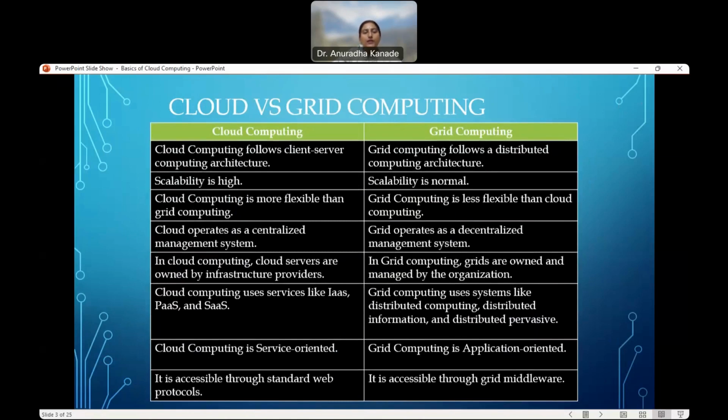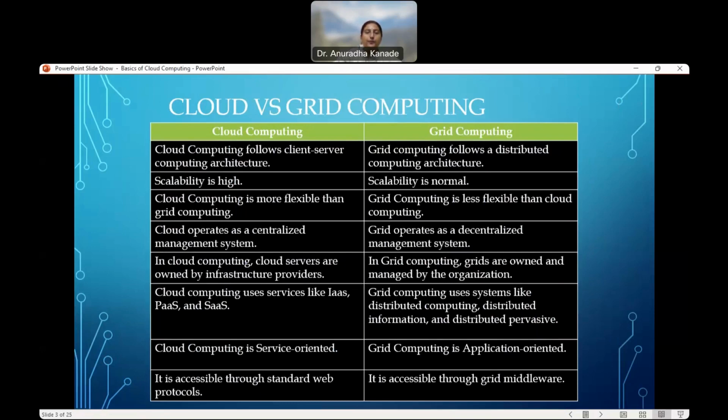So all these resources are given to the clients or the end users on their demand, and accordingly the costing is also considered. So cloud computing follows client server architecture, whereas grid computing follows distributed computing architecture.